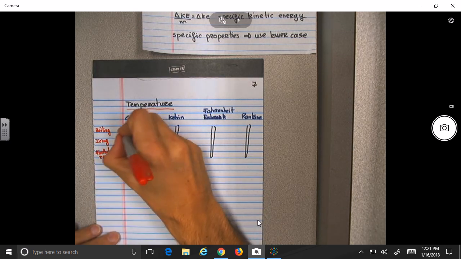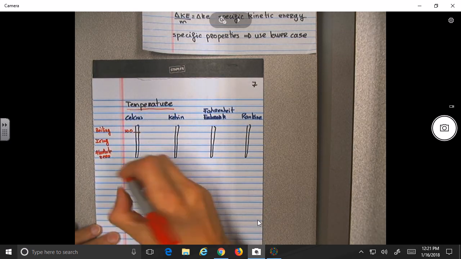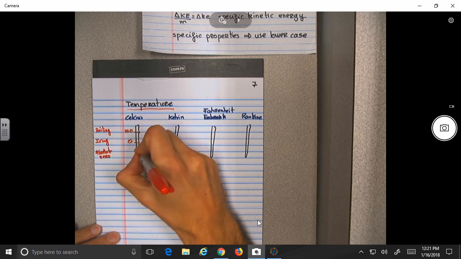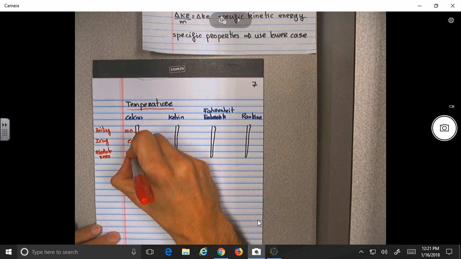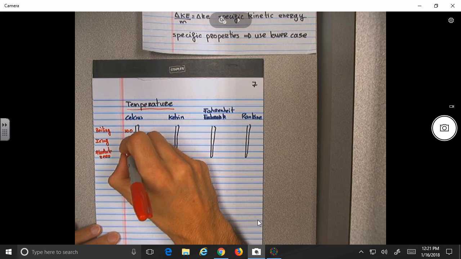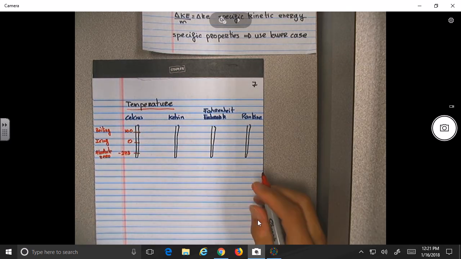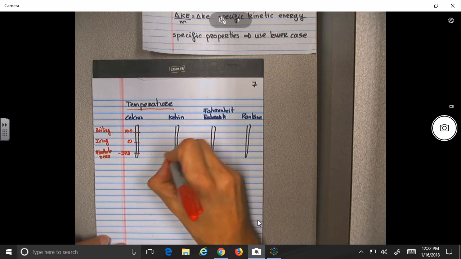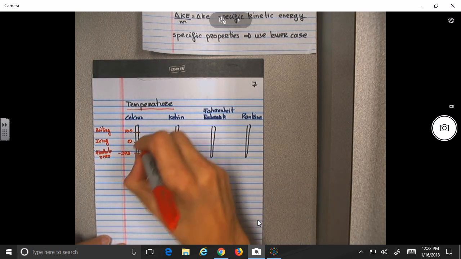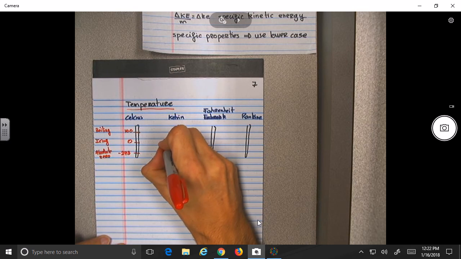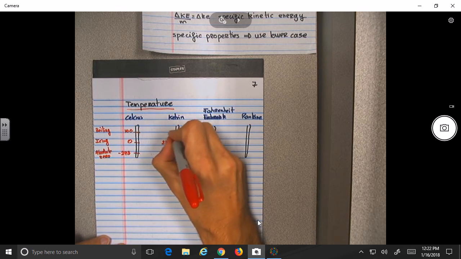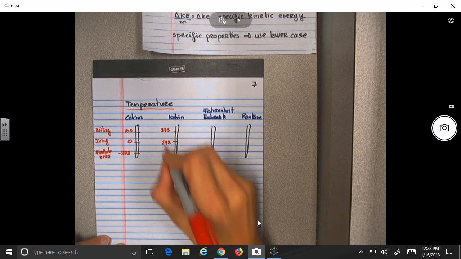What would we have? 100, 0, and minus 273. Okay, I'll round it off. I'm not that picky. So now, if we use Kelvin, what is the absolute zero in Kelvin? It gets reversed. So this is 0. Then the 0 becomes 273. And the 100, 373.